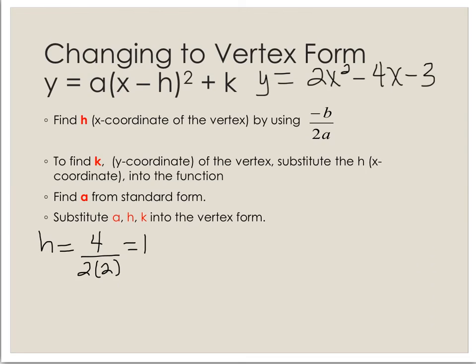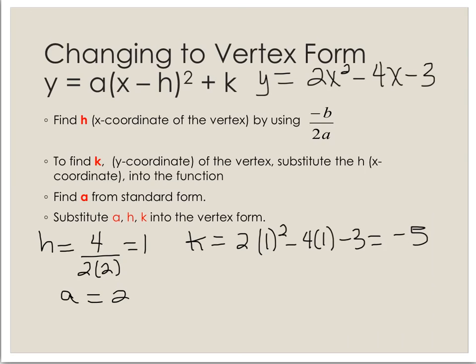To find k, we're going to take that value of h and substitute it back into our function. And when we do, we get that k is equal to -5. So that means our vertex is (1, -5), and we substitute that back into vertex form, along with our value for a from standard form, which is 2.